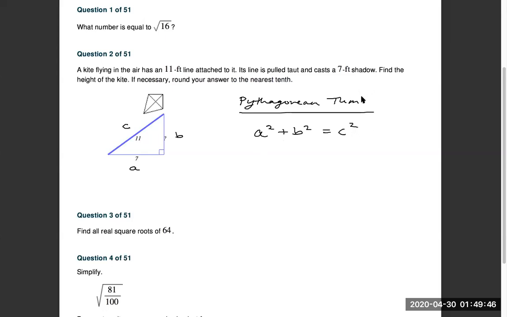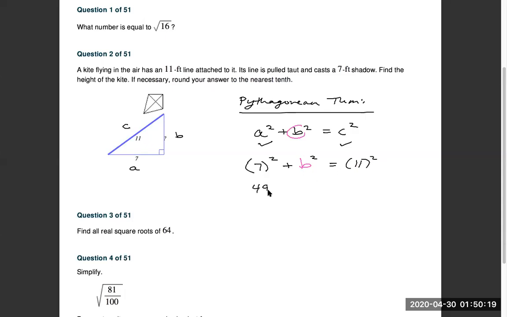So in this case, we see that we have A and we have C. So we're going to be looking for B. Let's go ahead and plug in the values that we have. We have 7 squared plus B squared equals 11 squared.